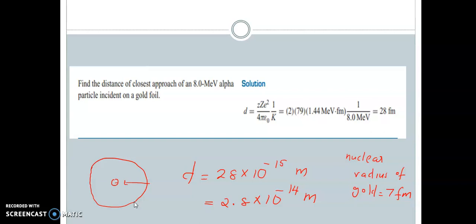So now if we increase the kinetic energy of the projectile, or we decrease the electrostatic repulsion between the nucleus and the projectile using a target nucleus with low Z. So when Z decreases, the repulsive force also decreases, or the kinetic energy is increased, we can have the distance of closest approach less than the nuclear radius.